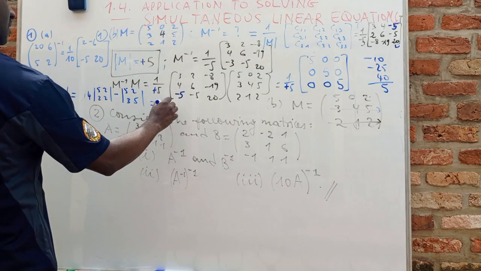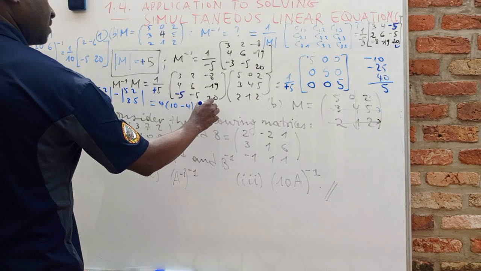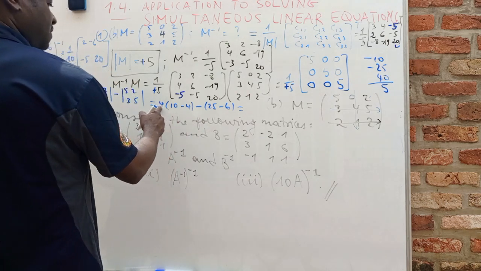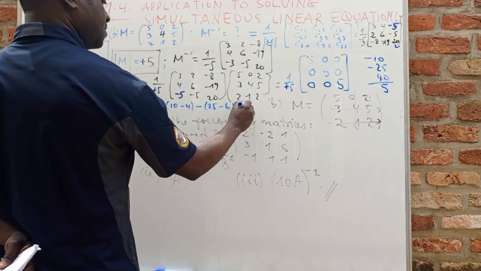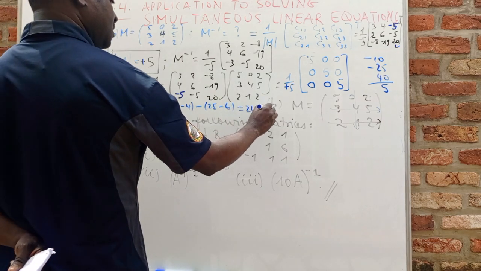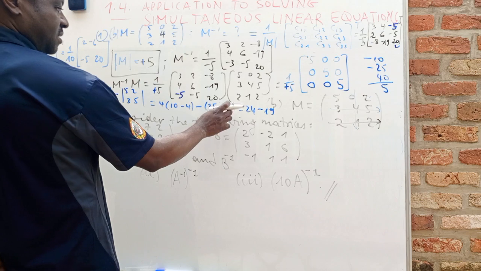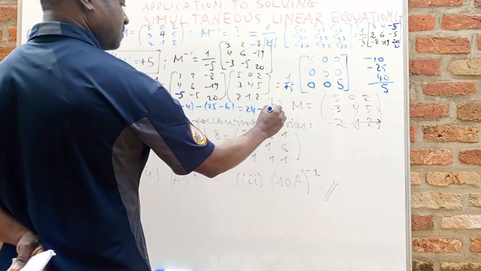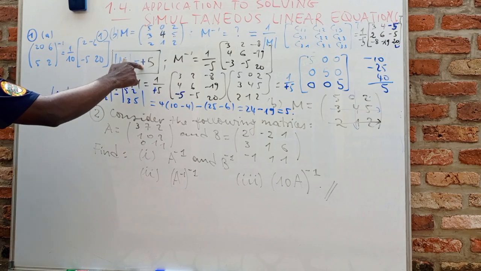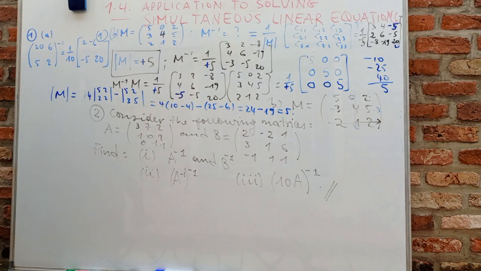It is 4 times 10 minus 4 minus 25 minus 6 results. So 4 times 6 is 24 minus now 19. So this is 25 minus 6 is 19. So out of 24 is equal to 5. So that is the reason why we have positive 5 instead of negative 5.